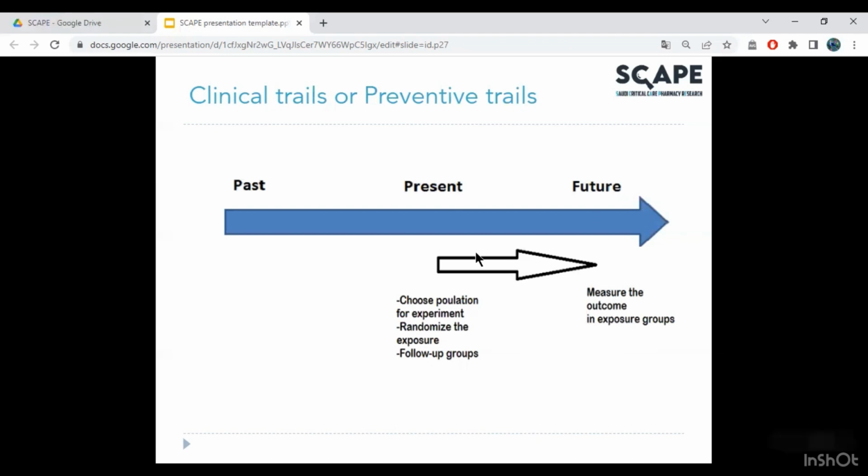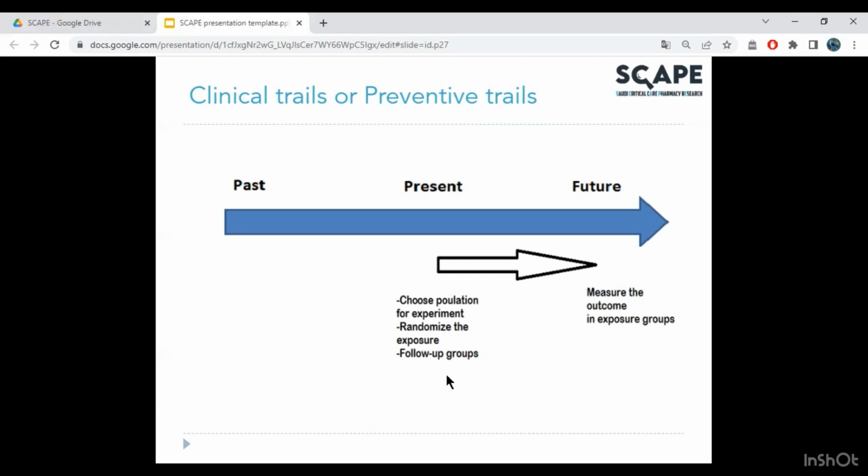In clinical trials or preventive trials, we start today, in the present time, and choose a very specific population based on very specific inclusion and exclusion criteria. And we randomize this target population to be allocated into 2 groups, or maybe 3 in some designs, either to the experimental group or to the placebo group or the standard of care group.